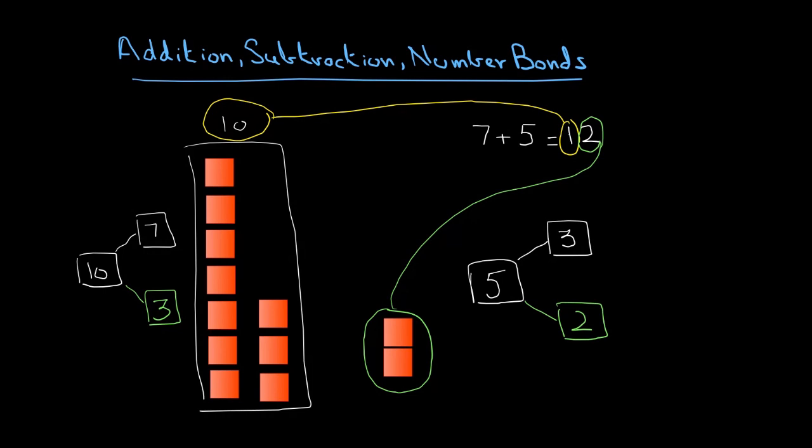From 7 they go to 10, and then they have a number bond which is 5 is comprised of a 3 and a 2, and hence the answer is 12. It may seem a bit more convoluted, but it gets them to think about building and breaking up numbers, which is again an important skill that we are trying to teach them at this stage.